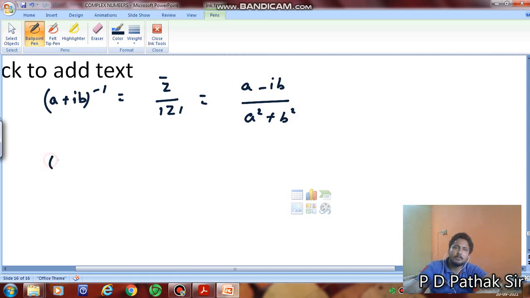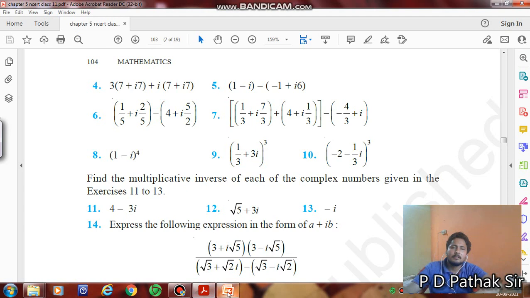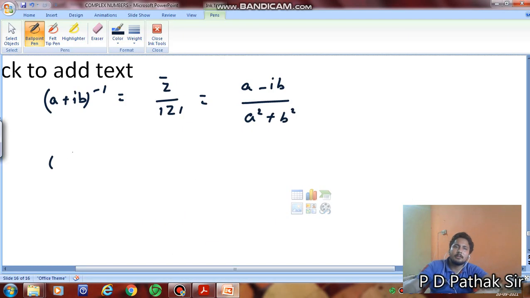Similarly, if you write the multiplicative inverse of 4 minus 3 iota, that is 4 minus 3 iota to the power minus 1, it means 4 plus 3 iota.